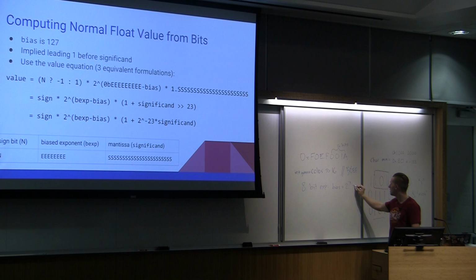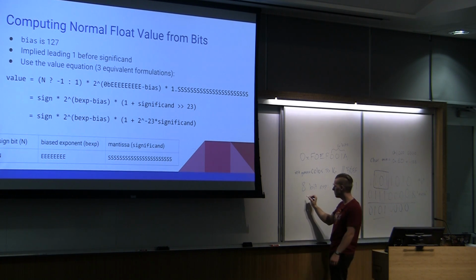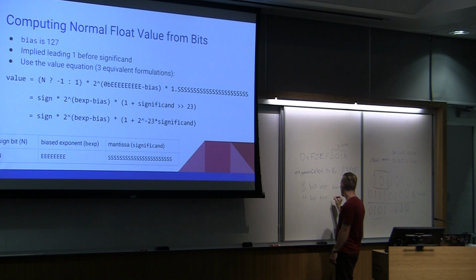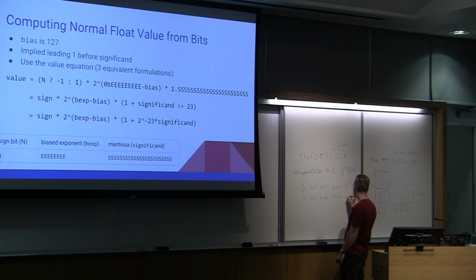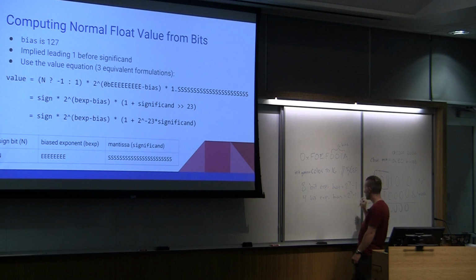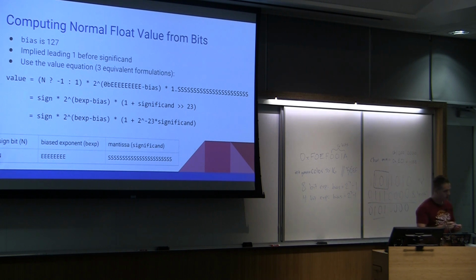Yeah, so since we have 8 bits, we do 2 to the 7th minus 1. The minus 1 is just arbitrary. It could have gone either way. For mini float, which has a 4-bit exponent, the bias is 2 to the 3rd minus 1. So this is where the 7 comes from. I have another slide on mini floats too. Are there any other questions about this slide?